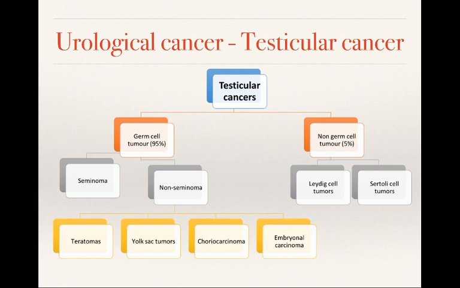Non-seminomas are then further divided into teratomas, yolk sac tumours, choriocarcinomas, and embryonal carcinoma. The remaining 5% of the time, testicular cancers are non-germ cell tumours, and they are Leydig cell tumours and Sertoli cell tumours. And you would have come across this in second year histology, I believe.